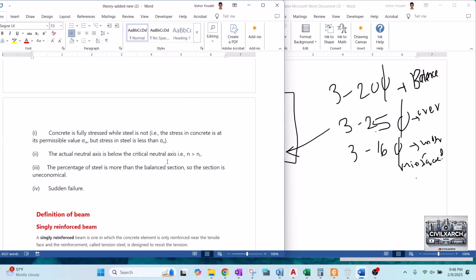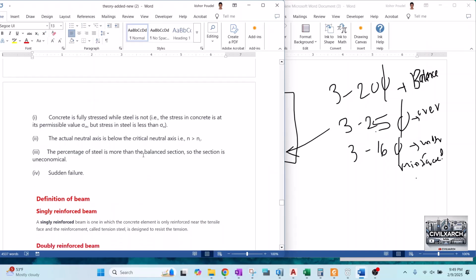The percentage of steel is more than the balance section, so the section is uneconomical, because the reinforcement provided at the tension side is more than required for the balance section.